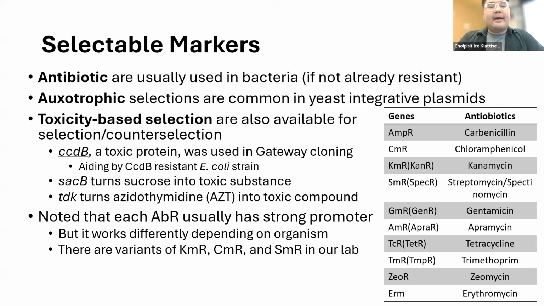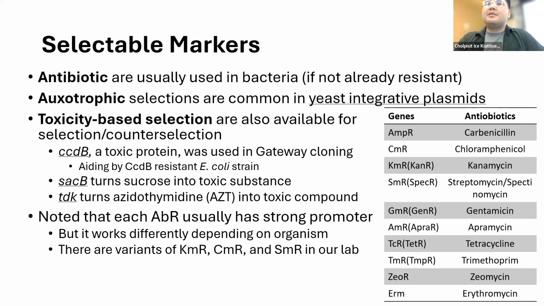So in this case, there are two main things, which is auxotrophic. Auxotrophic means something that you need in order to grow. For example, bacteria are actually capable of making all 20 amino acids that we have. Humans cannot. Humans need to eat other organisms to get amino acids from them.